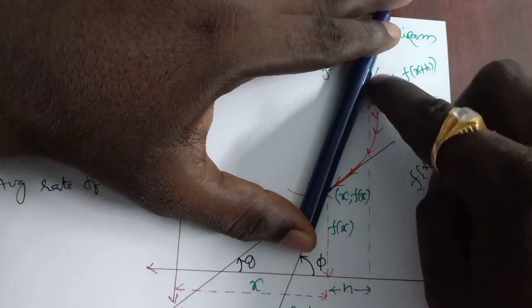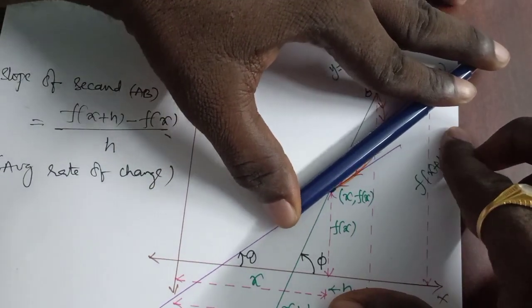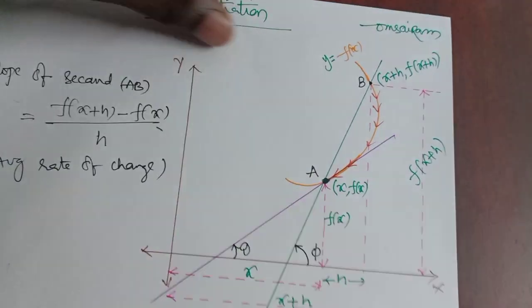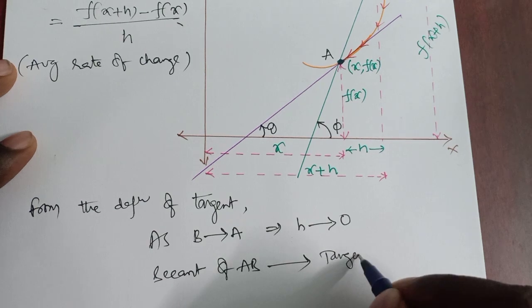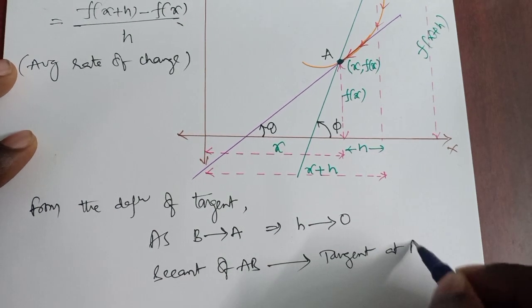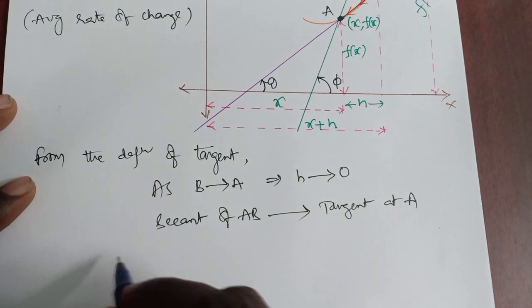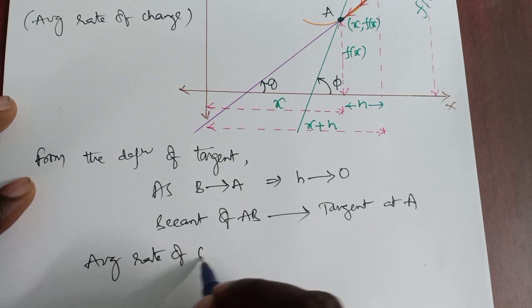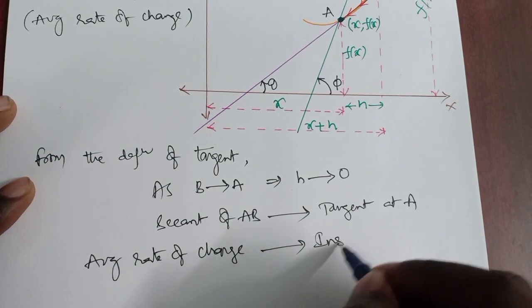As B is very, very close, it is the tangent at A. So the secant AB approaches the tangent at A, which means the average rate of change tends to the instantaneous rate of change.